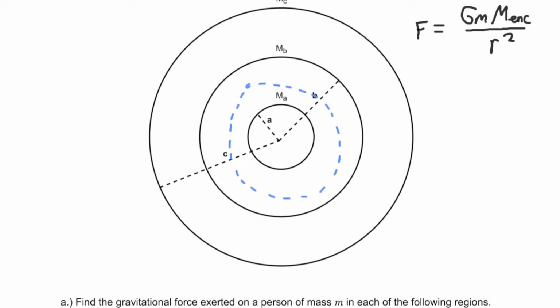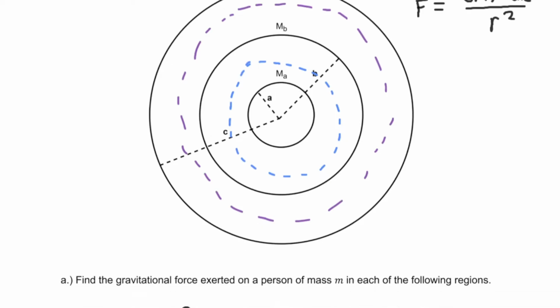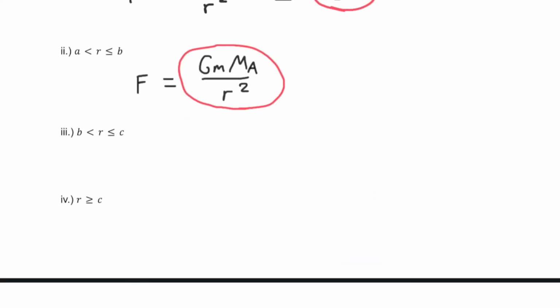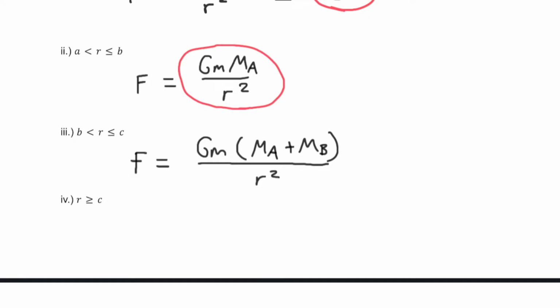And now similarly, if I move out to this in-between region, once again, I've enclosed another shell. So my force is going to enclose both the mass of the inner and middle shell. And that's also constant everywhere in the middle region.